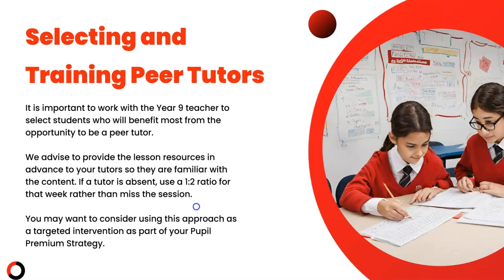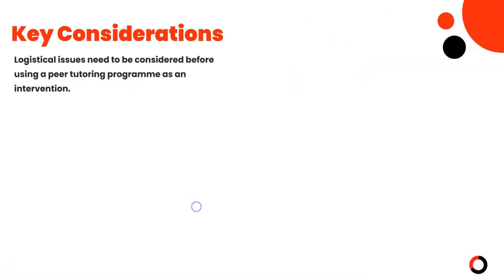We do include a peer tutor training resource. This is just a PowerPoint that goes through what is the role of a peer tutor. It will also give you an opportunity to talk through the content with the tutors in advance, just to make sure they're familiar with all the concepts that are going to be taught.